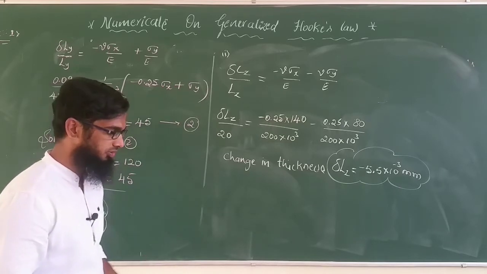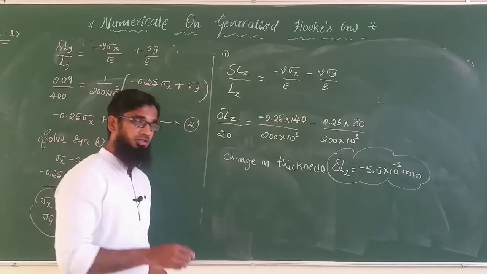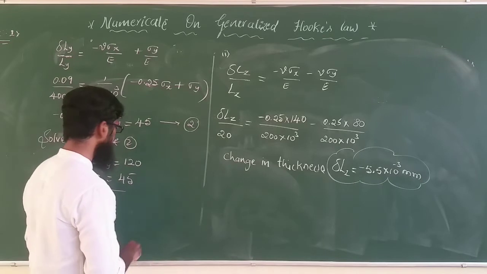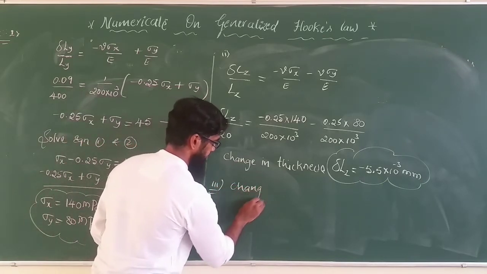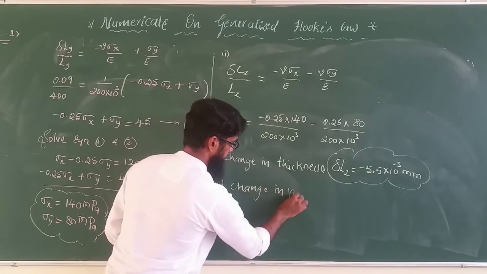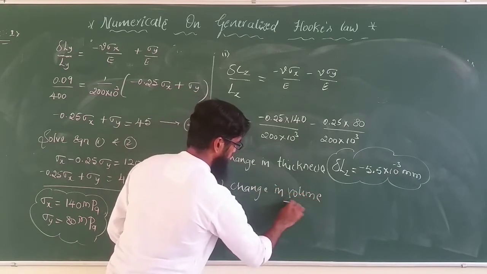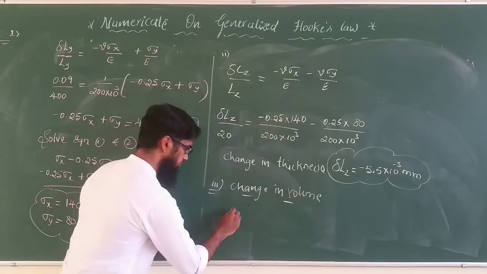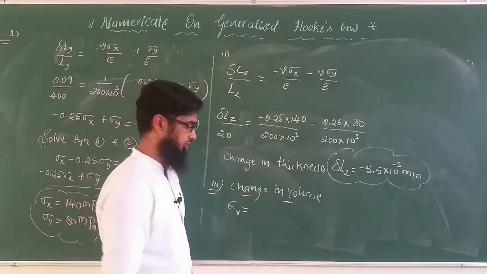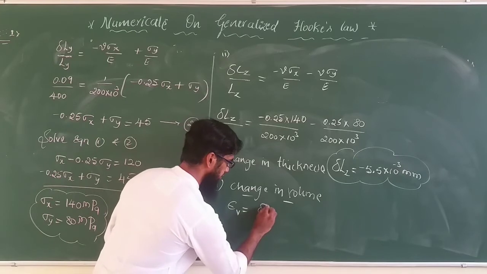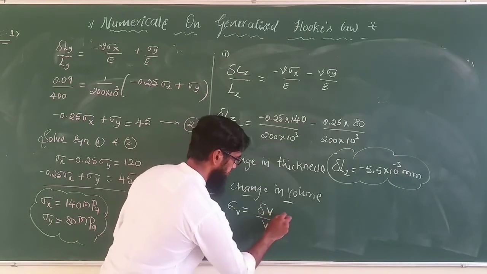Now the third part is, we have to calculate the change in volume. So we will go for the change in volume here. Change in volume is nothing but epsilon v, that is the volumetric strain, which is given by delta v by v.